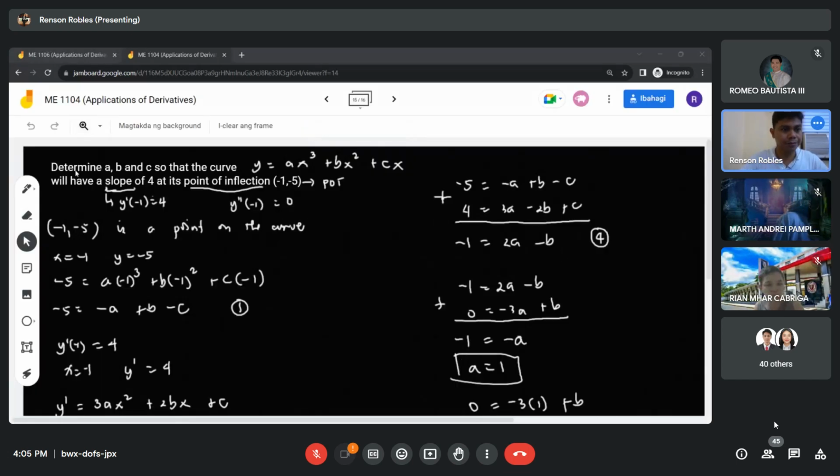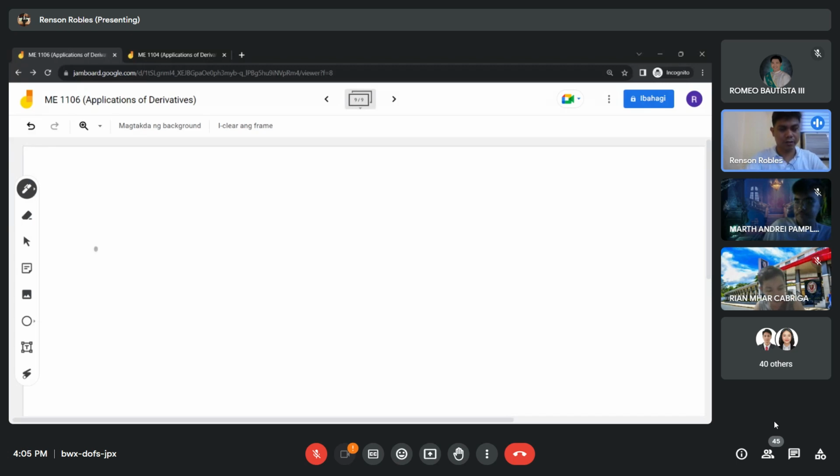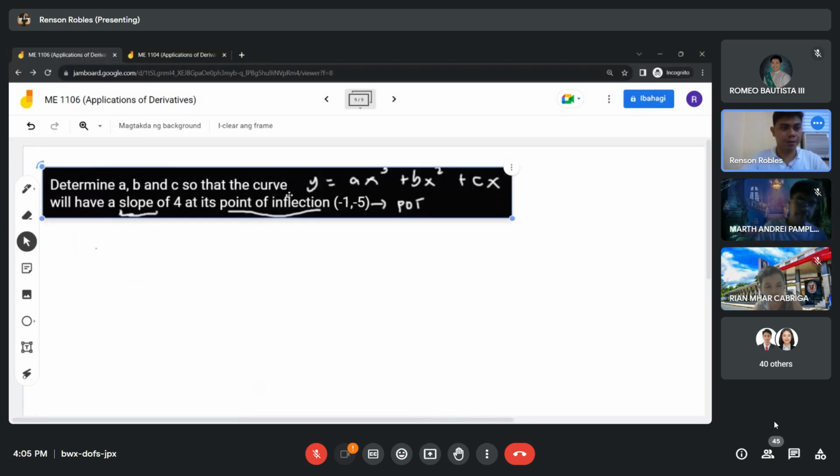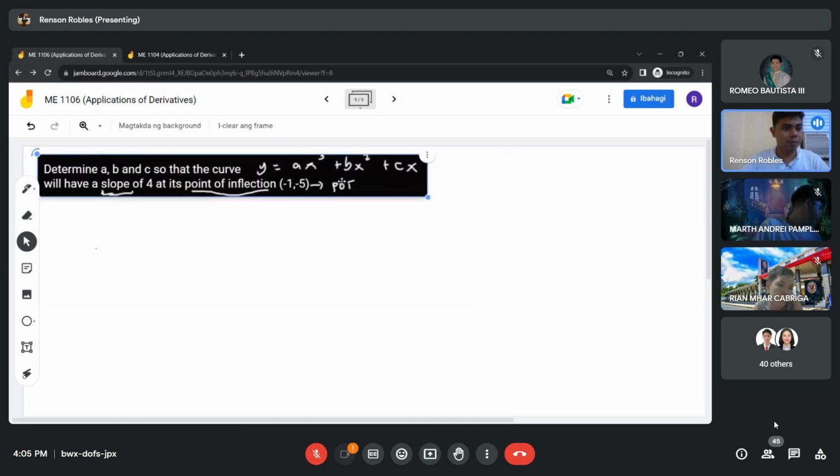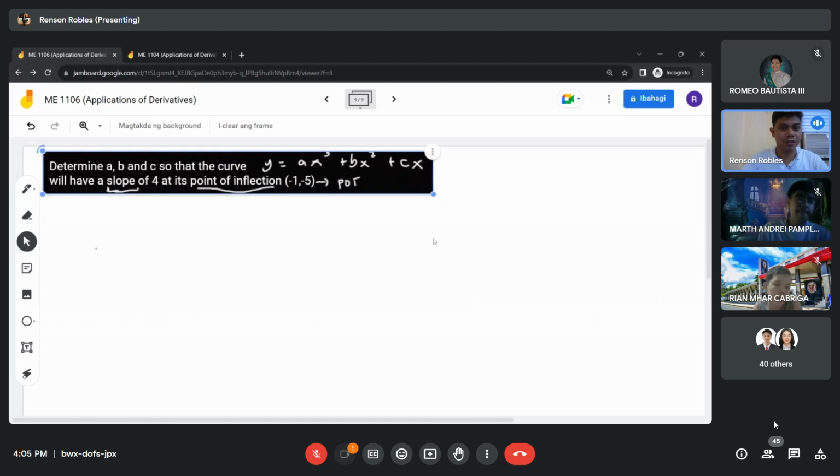Let's try this one. Determine a, b, and c so that the curve y equals ax cubed plus bx squared plus cx will have a slope of 4 at its point of inflection.